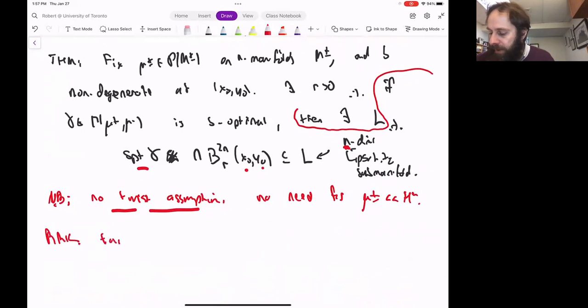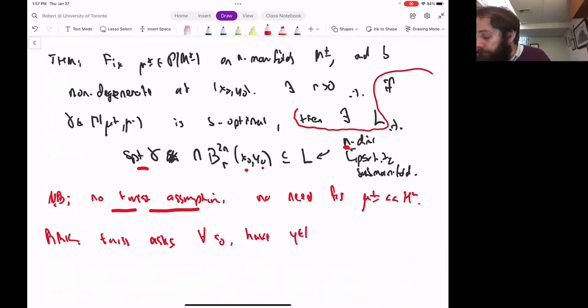So twist asked that for every x naught, y in m minus goes to the derivative with respect to x of b at x naught, y be one to one.